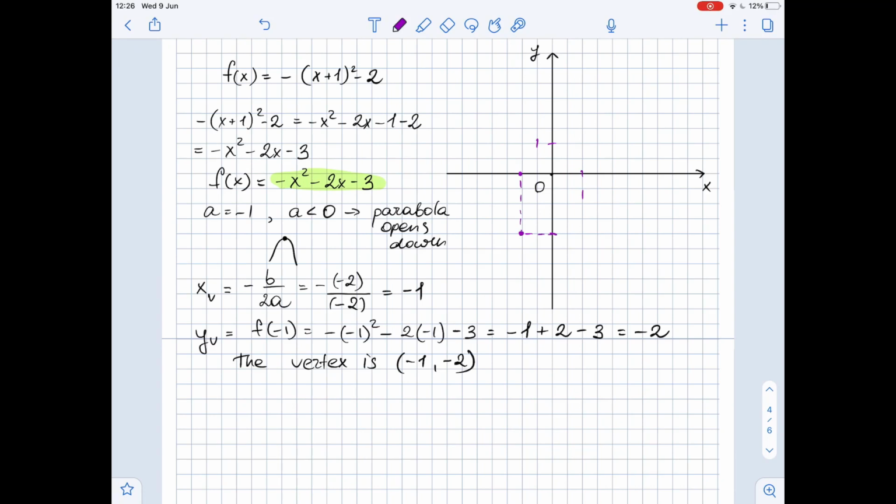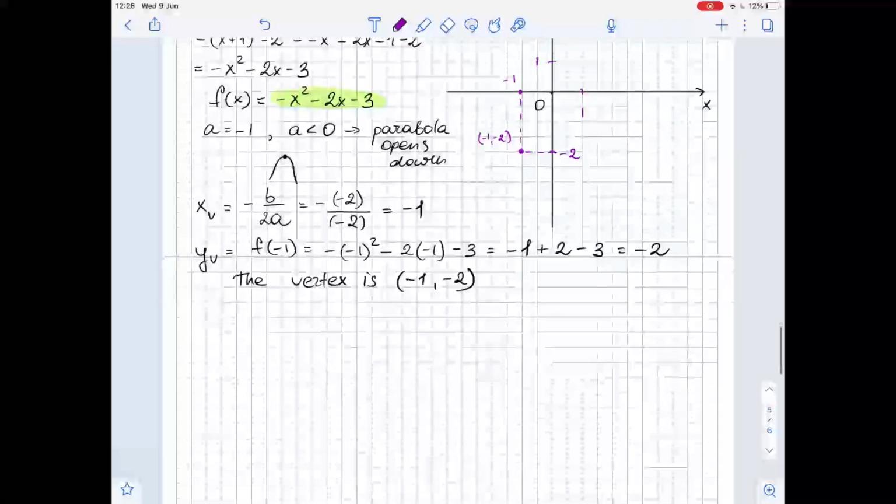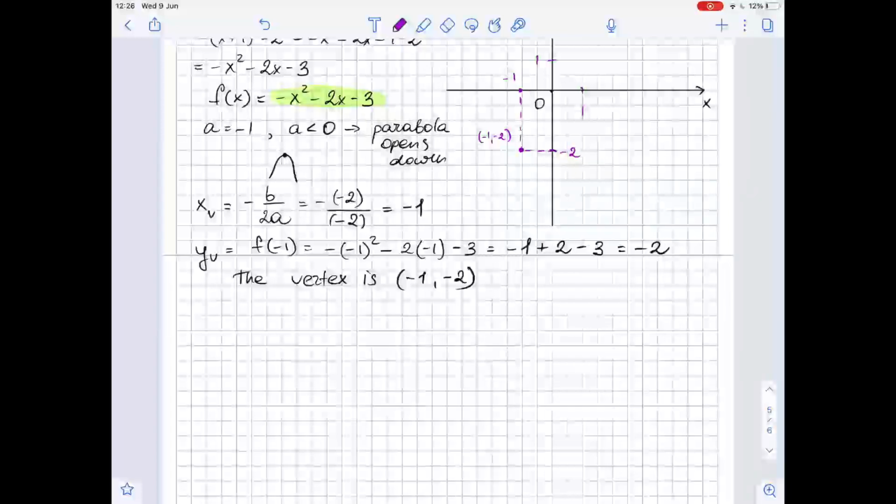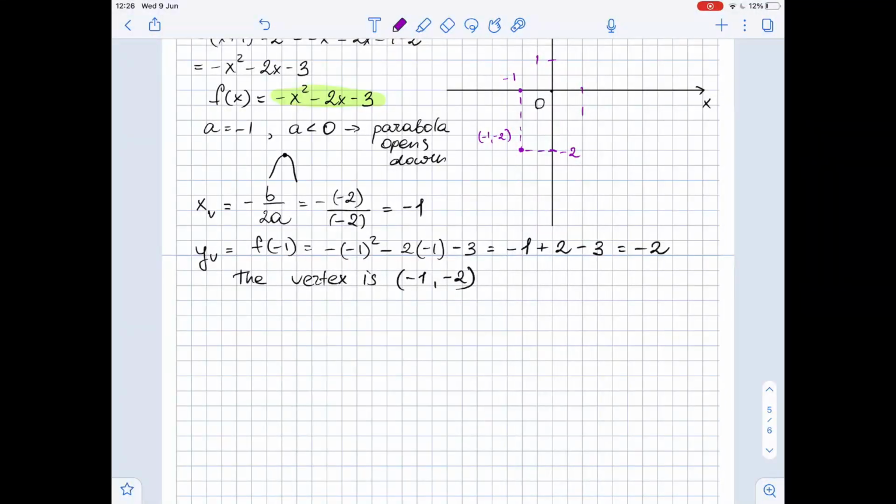Negative 1, negative 2. Well, now to build the parabola, we need at least 3 points. Right now we have only one, the vertex. So let's try to find 2 more points.